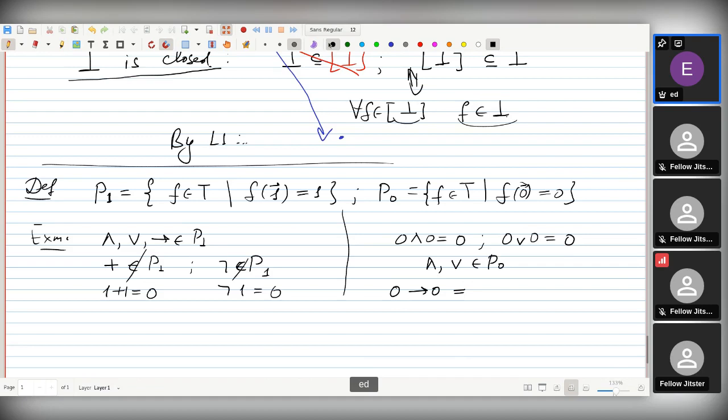Everything. So it is true. It is 1. Of course, it is 1. Hence, implication does not preserve 0. But on the other hand, 0 plus 0 is 0. Hence, XOR addition does preserve 0. And not 0 is 1. Hence, negation doesn't preserve 0. Is it clear?